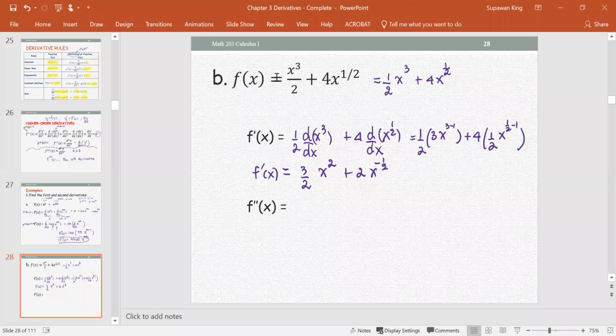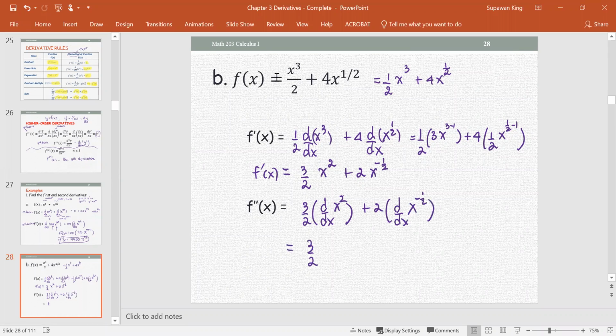And then to find the second derivative, apply the constant multiple and also the power rule, similar to the way that we found f prime. So 3 over 2 as a coefficient, and find the derivative of x squared, plus 2 times the derivative of x to the power negative 1/2.